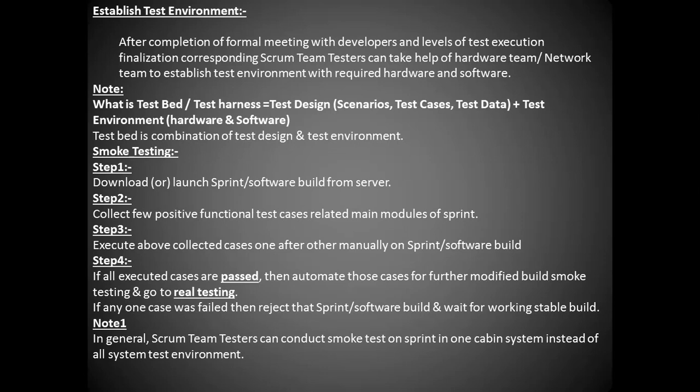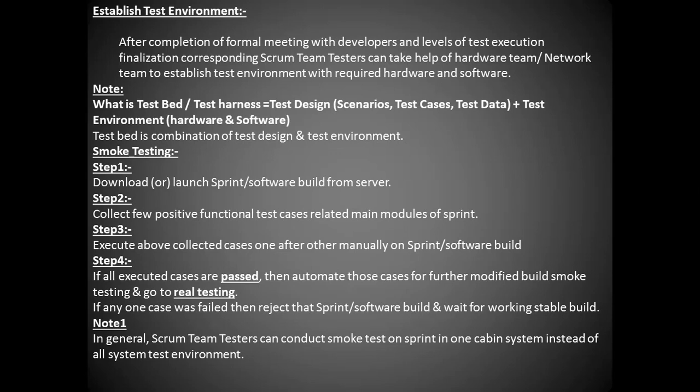Smoke testing. Here in step 1, we are going to download and launch the sprint build from the servers. Next is collecting a few positive functional test cases related to the main modules of the sprint itself.